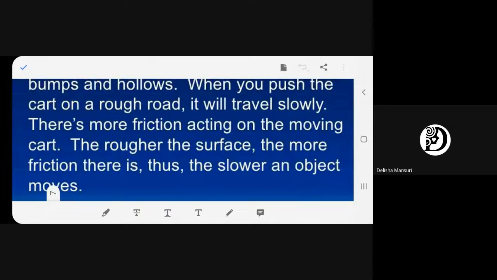So if the cart is being pushed on a rough road, what happens? There is more friction on the cart, so it will move slowly. There is more friction not on the cart, but on the tires and the road. You have to be very specific.